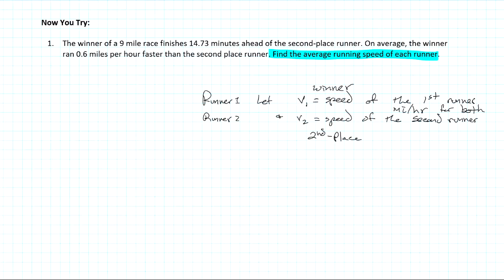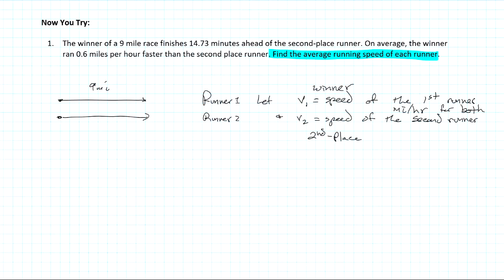Now we have a 9-mile race. Both of them, let's do runner 1 here. Both runners are running the same distance of 9 miles.